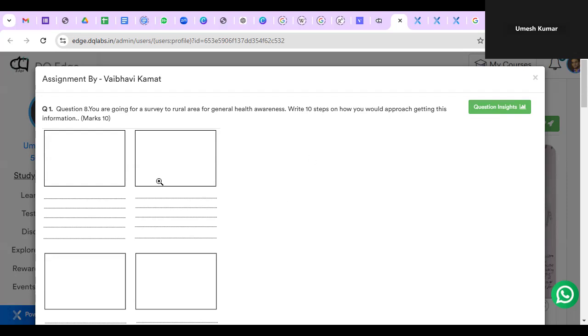So what they're asking is, okay, you're going to a rural area and you want to organize a survey. How would you organize the survey? What is your approach? What do you do first? What do you do next? What do you do next? Whom do you meet? Whom do you get the permission from?